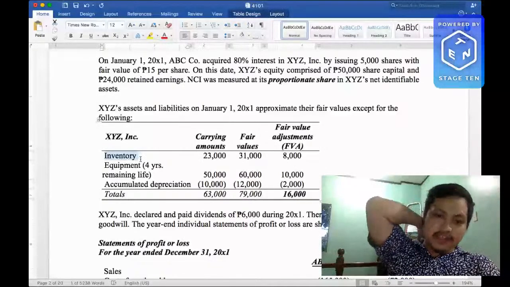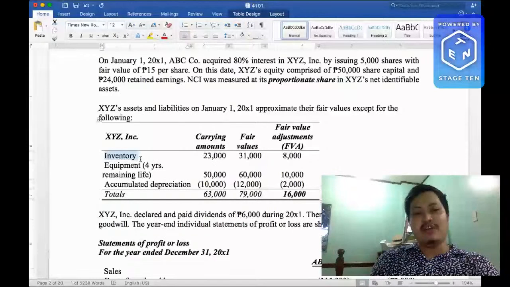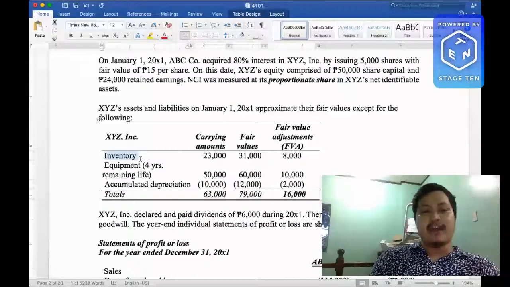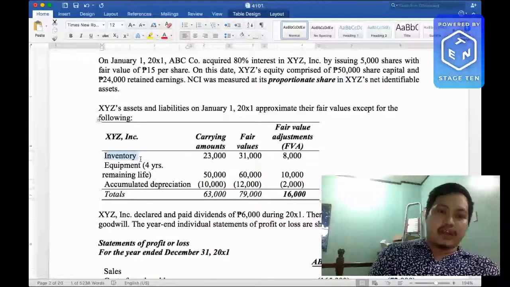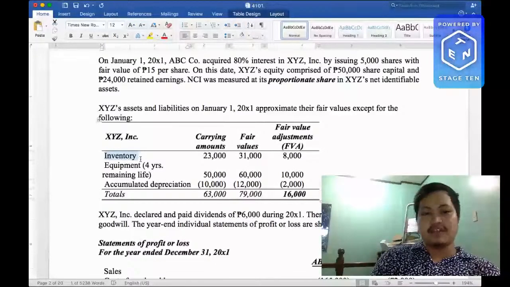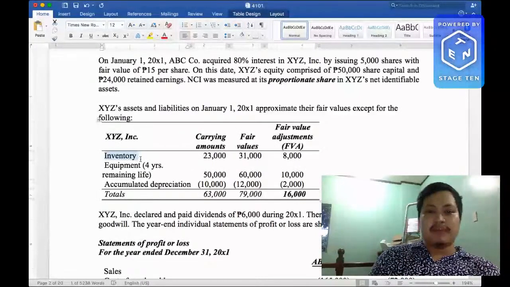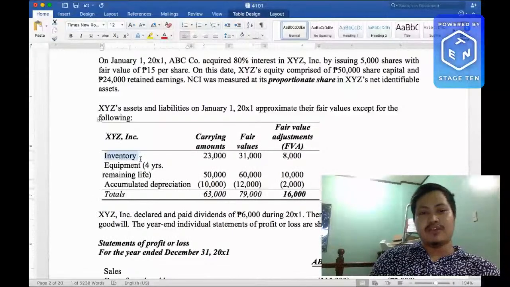Plus, there's a difference in the treatment of the excess between inventory and equipment. In equipment, the source of the adjustment is the difference between the depreciation expense reported by the subsidiary and to be reported by the consolidated entity.